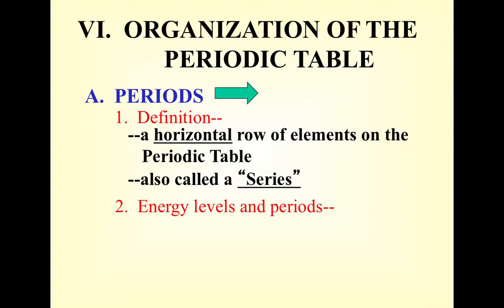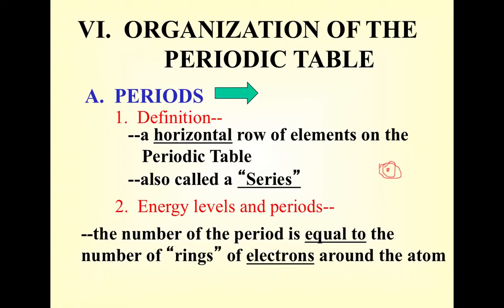Now, periods are tied in to energy levels. And if we think back to the Bohr model, we can actually kind of see this. When we drew the Bohr model, we had a nucleus in the center, and then we had rings of electrons around the outside. The energy levels correspond to those rings.